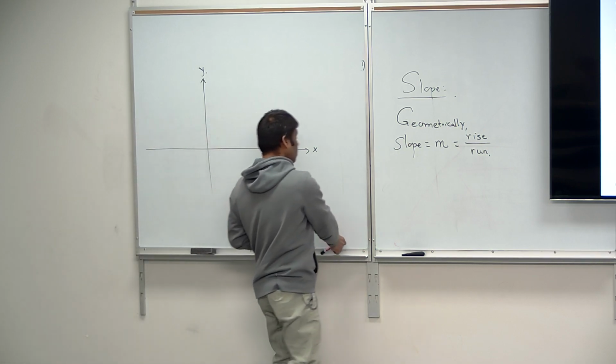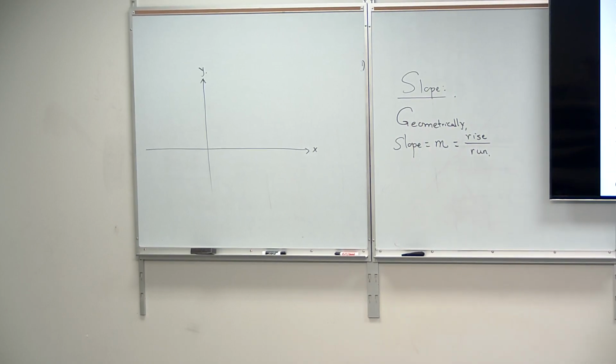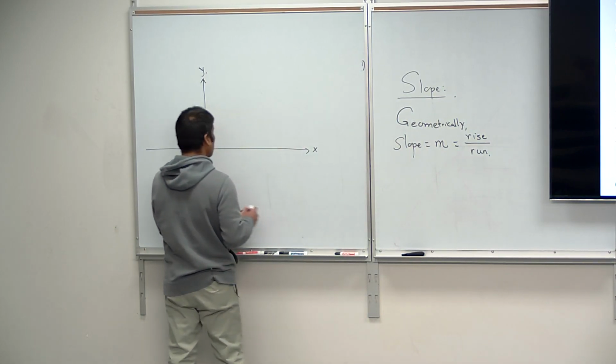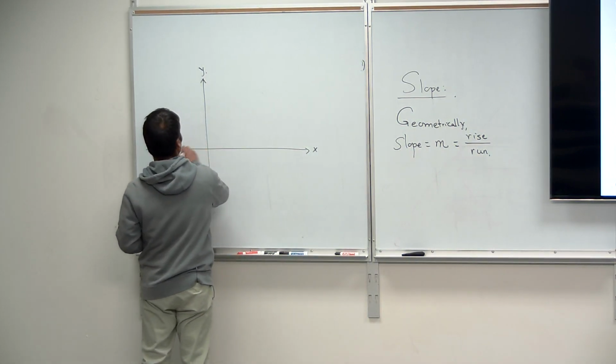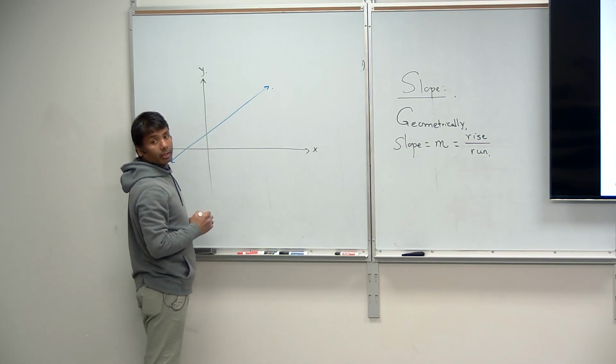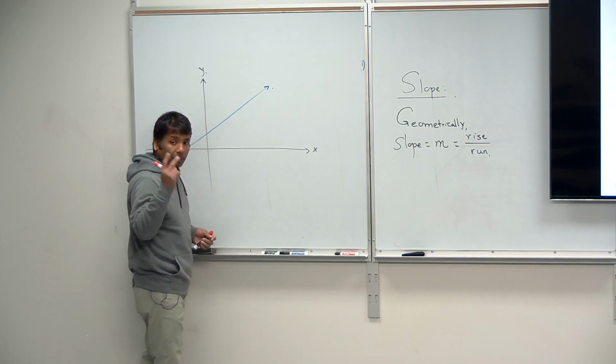Okay? You see what I'm talking about, right? If you want to find out the slope of the line, you only need 2 points. So let's say you want to find out the slope of this line. You want to find slope, right? And now you only pick 2 points.